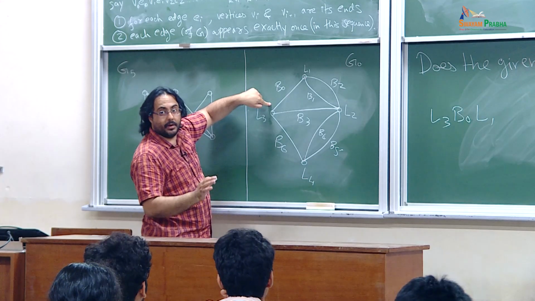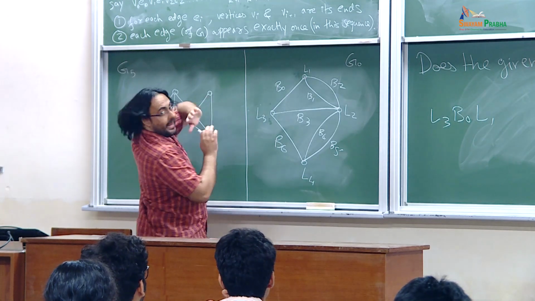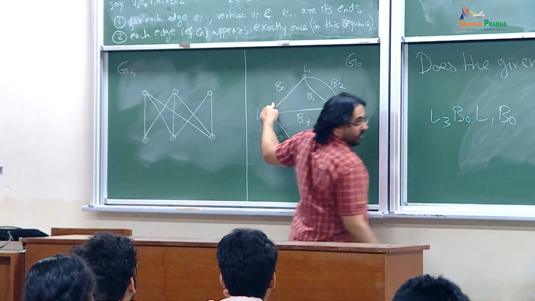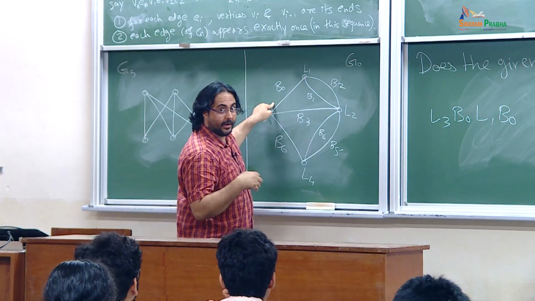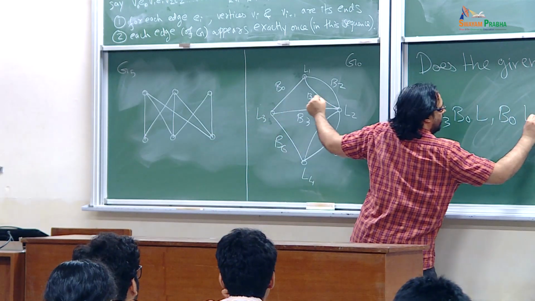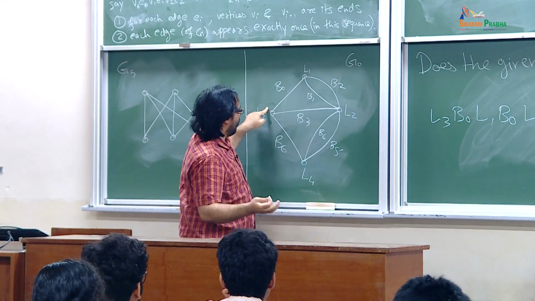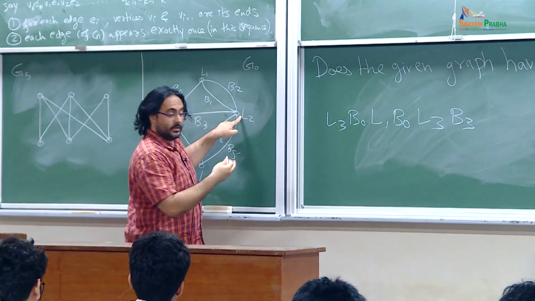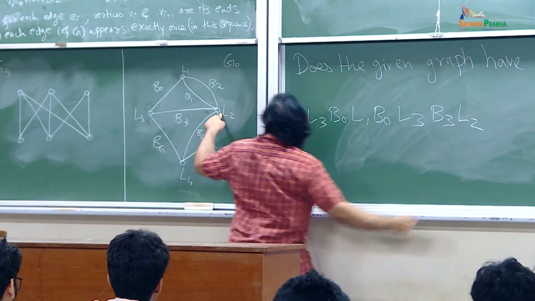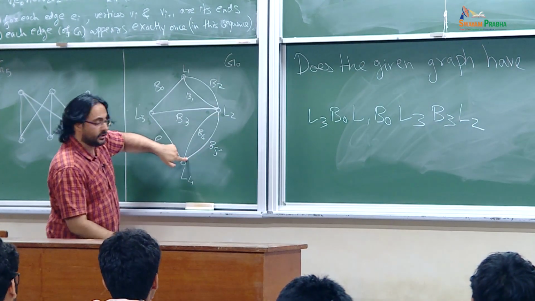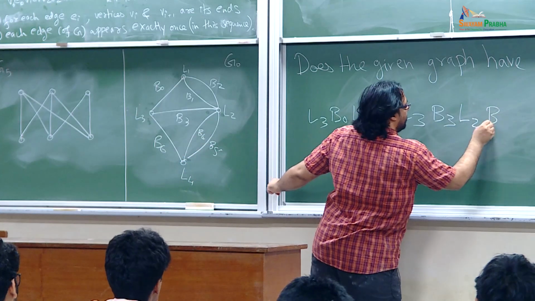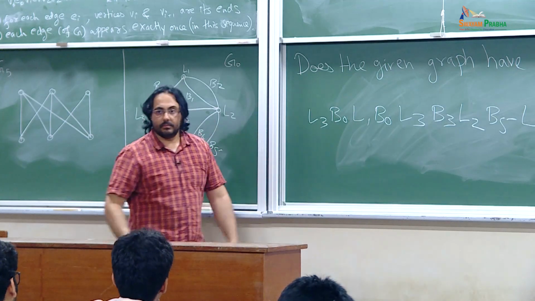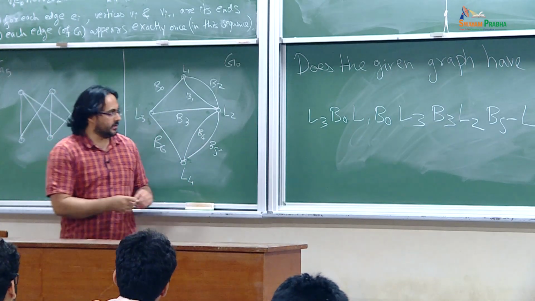In a walk, there is no restriction. A walk is just any sequence that is valid. So I will walk on this again. Observe that I am repeating a bridge or an edge. I reach L3 again. Now I decide to walk on this bridge, B3. Now I reach this vertex L2. Now I can decide to walk on this bridge, edge B5. I reach L4. This is just a walk.